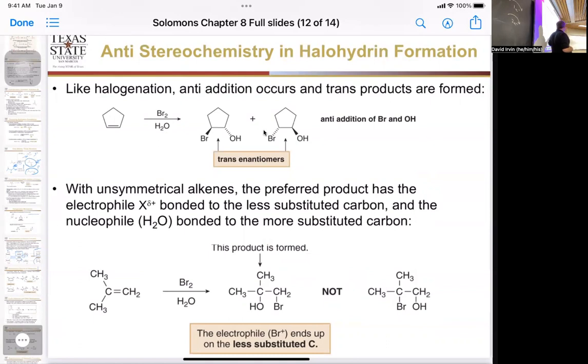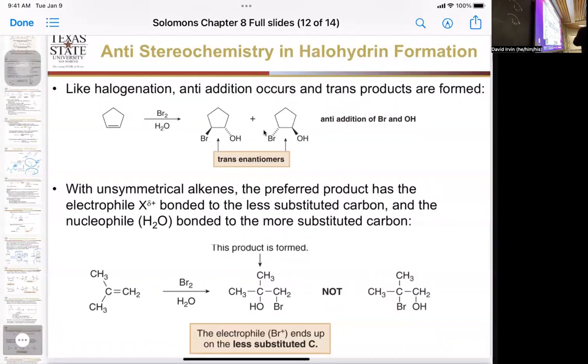Because this carbon in the intermediate here is more positive than this carbon. Why? It doesn't form a carbocation, but it's the same reason as for carbocations. The more substituted carbon is going to be more positive than the less substituted carbon.